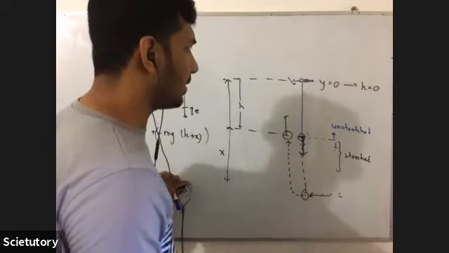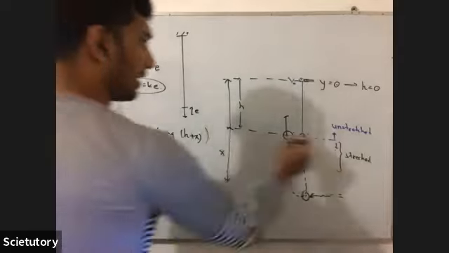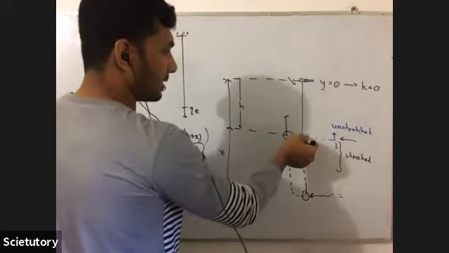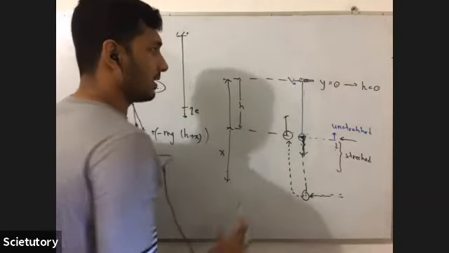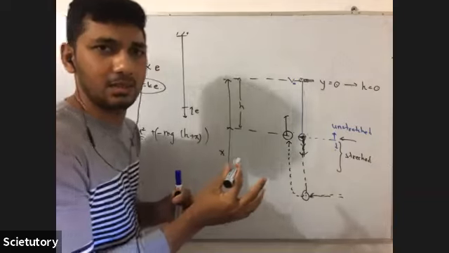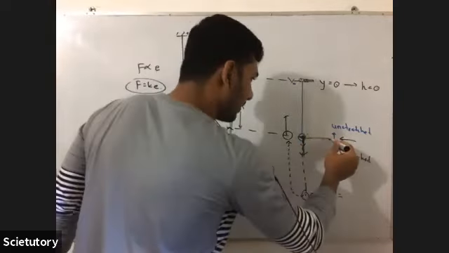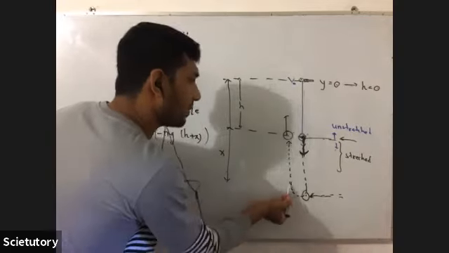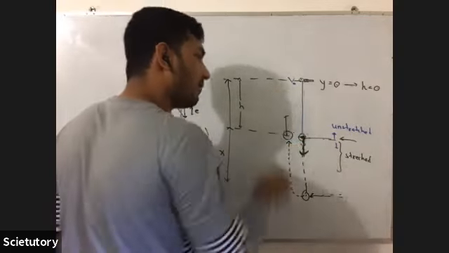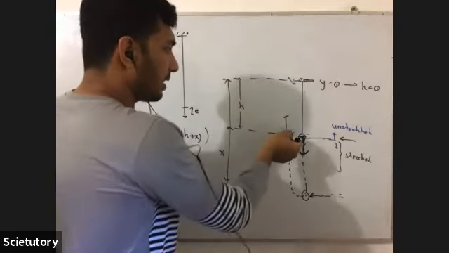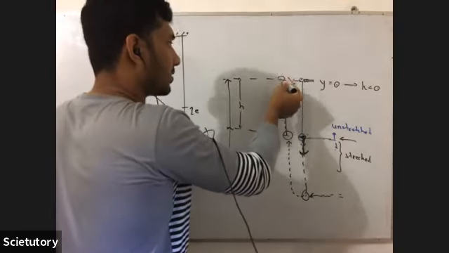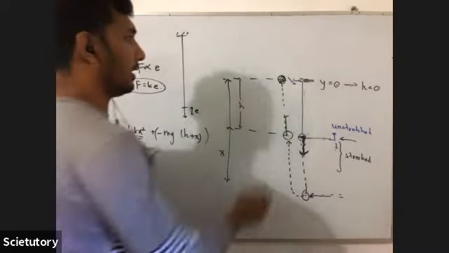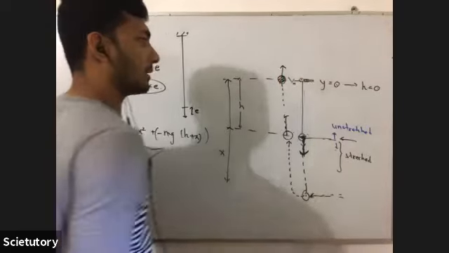There will be no change, because when you apply the law of conservation of energy between these two points and these two points, you will find that the energy is interchanged. At this level it had a velocity when it went like this, and when it comes again, it will have the same velocity. Then it will come like this. So when it crosses this point, what can you say? It will cross with the velocity of what?